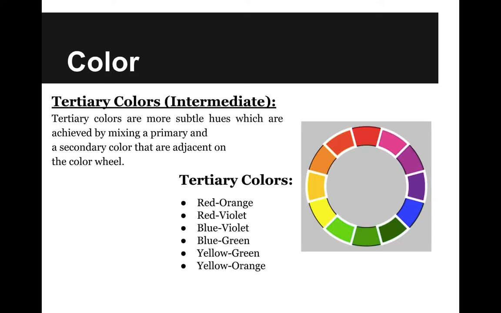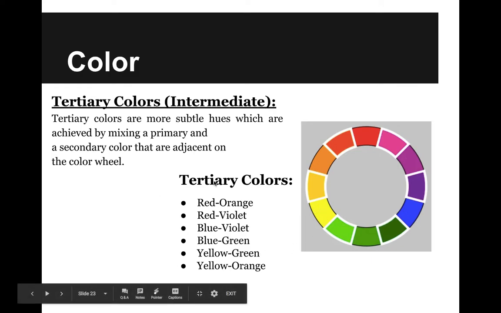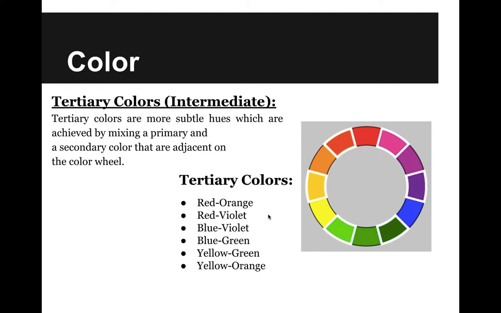And then we have tertiary colors. Tertiary means third, and they're sometimes also called intermediate. These are achieved by mixing one primary and a secondary color that are next to each other on the color wheel. And you can see they have awesome names like red-orange, red-violet, blue-green, yellow-orange. Very exciting.